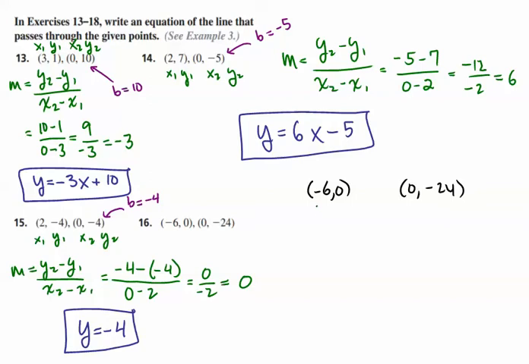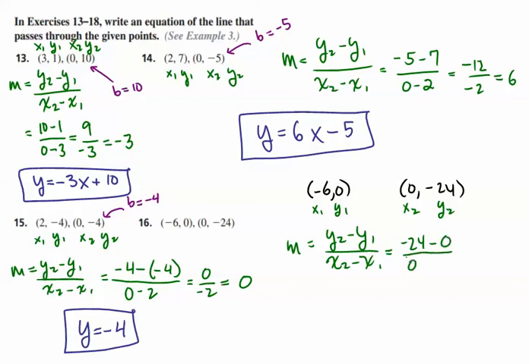Label the points x1, y1, x2, y2. m is equal to y2 minus y1 over x2 minus x1. y2 is negative 24 minus y1, which is 0, over x2, which is 0, minus x1, which is negative 6, and we get negative 24 over positive 6, or m is equal to negative 4.